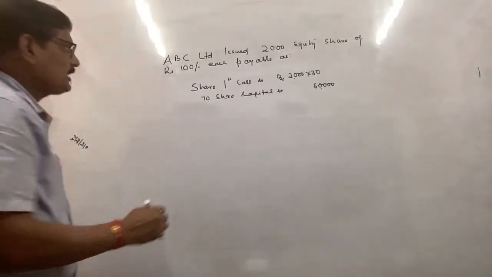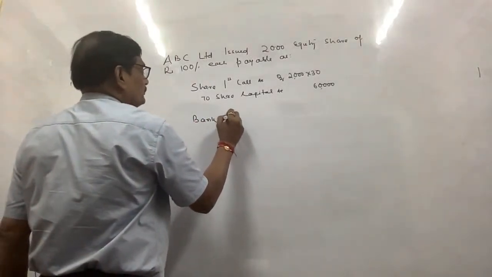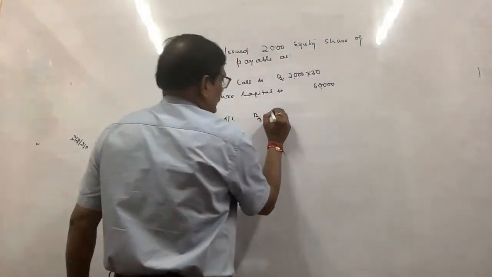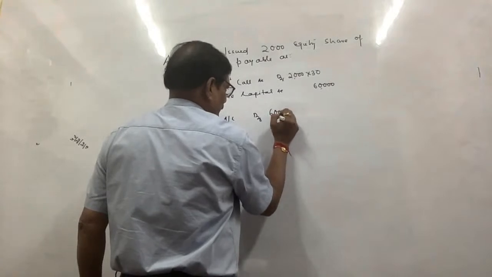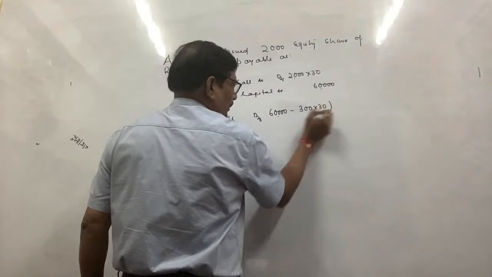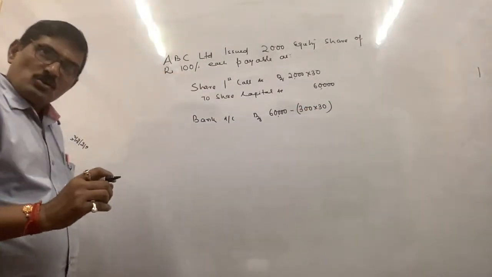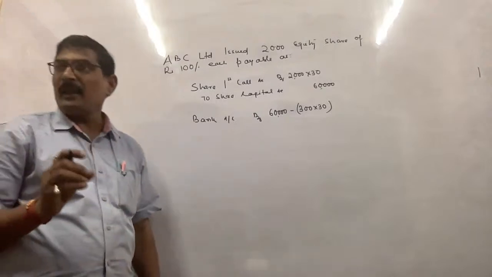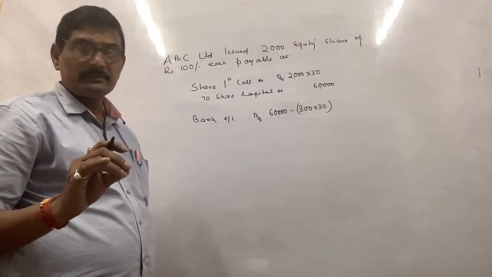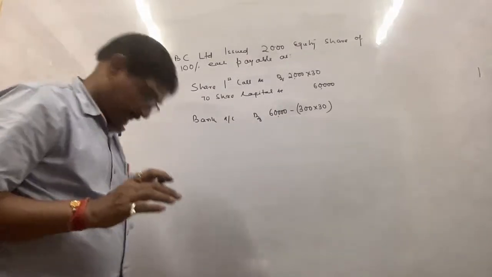And first call money received when we maintain calls in advance account. Bank account debited 60,000 minus 300 into 30 we have already received. Calls in advance was our liability. We have credited it earlier. Now we are adjusting it. It has been appropriated.